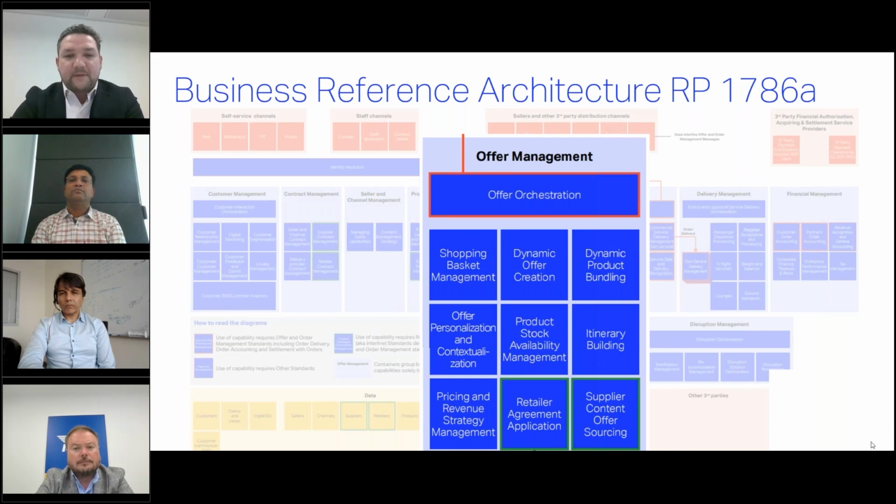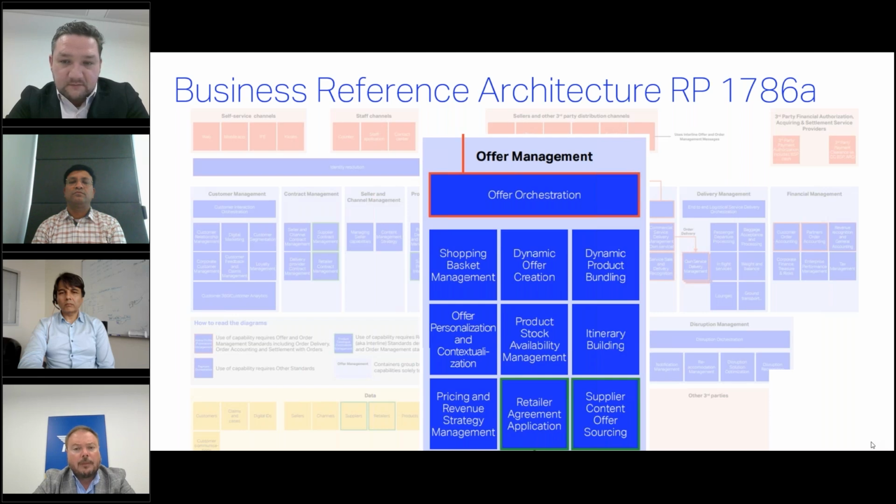And it's supported by the orchestration of the offer, so the means to allow an airline to orchestrate the way they build their offers. And it's centered around the fact that offer management, or the concept of offer, is a central piece in the architecture.